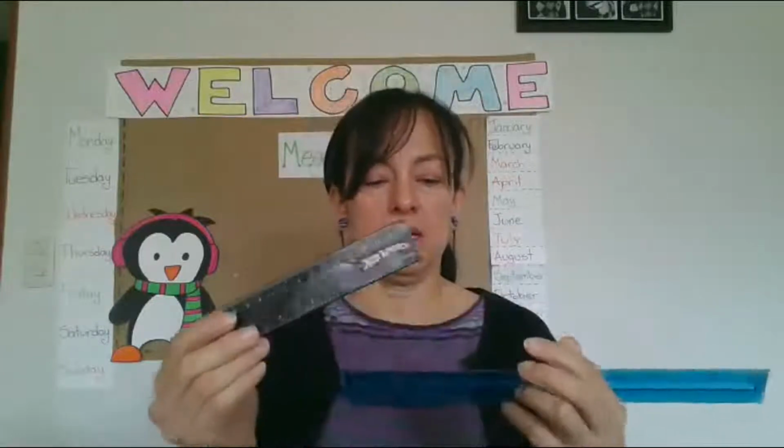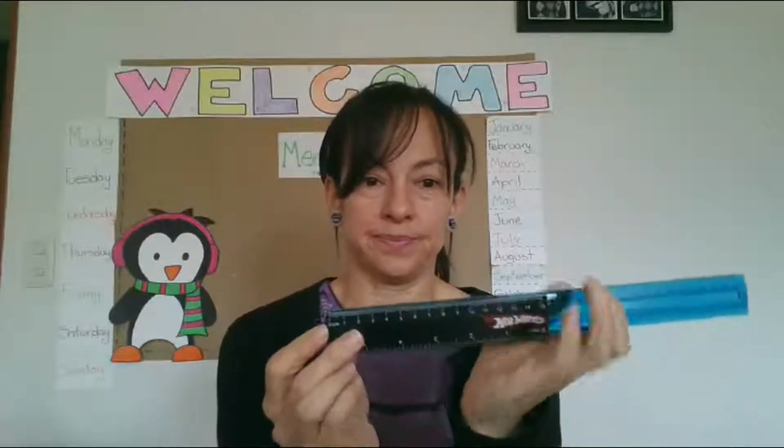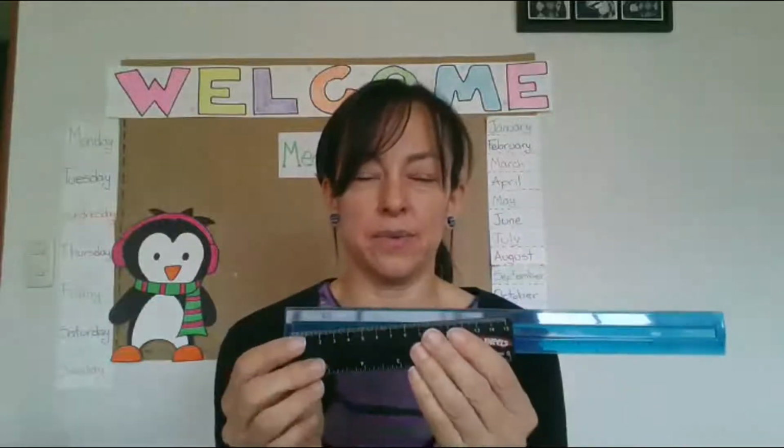So let's begin by talking about the ruler. If you have the ruler at home, you can notice that we have numbers from 0. This one goes to 30. We have some rulers that are shorter, right? I have this different ruler that goes from 0 to 15, which is the half of this ruler.